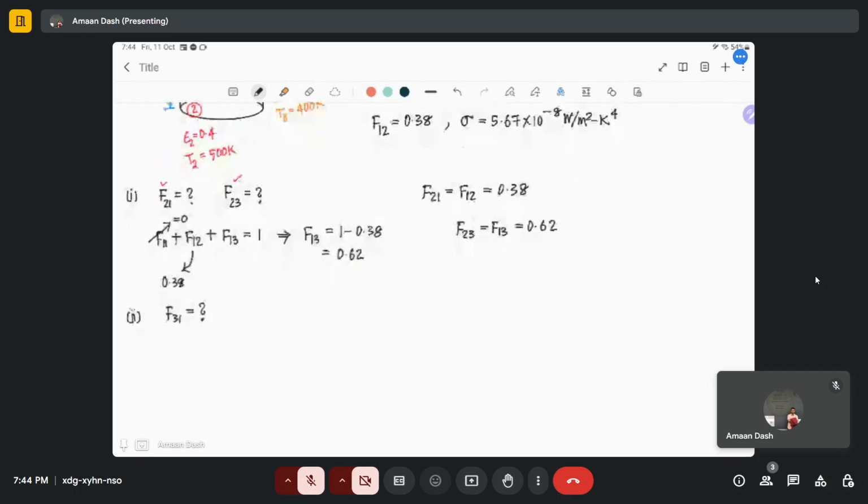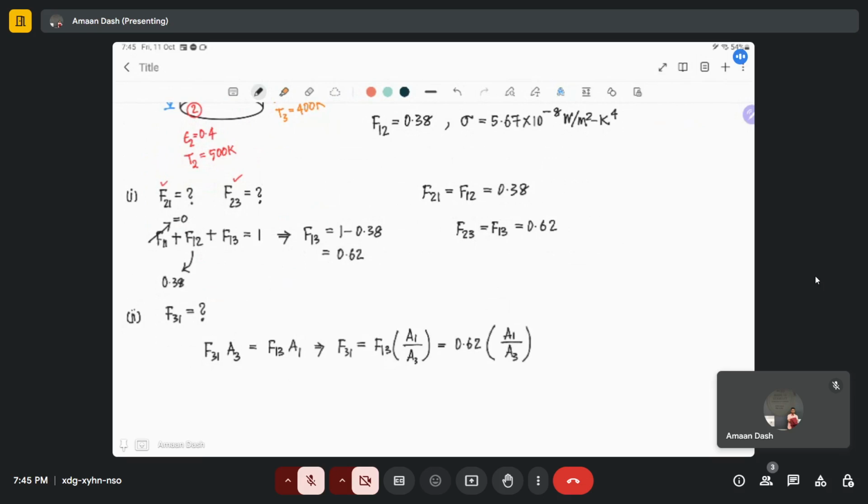From that information we can calculate F2 to 1, right? Because whatever we have from 1 to 2, exactly the same amount of radiation we will have from 2 to 1. So F2 to 1 is the same as F1 to 2, which is equal to 0.38. So we are done with F2 to 1.